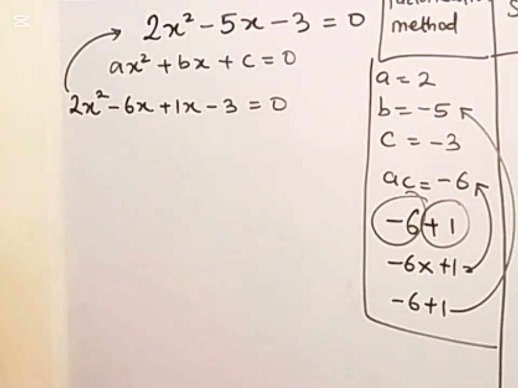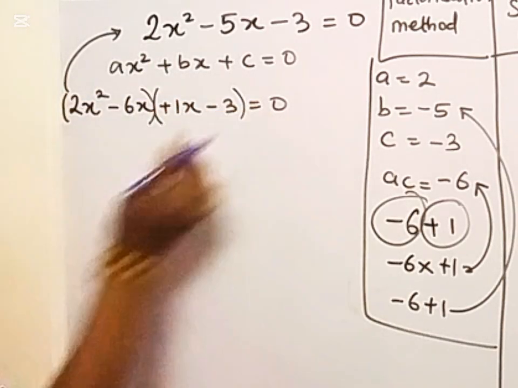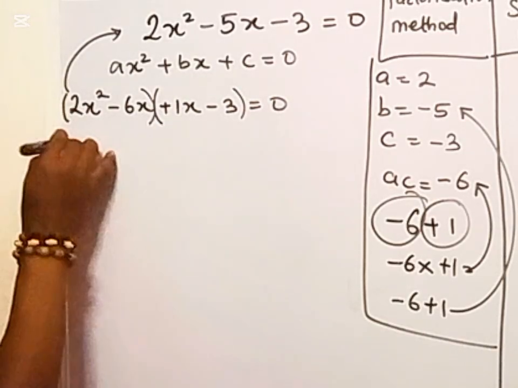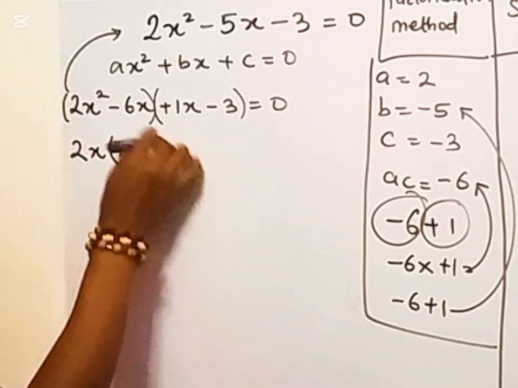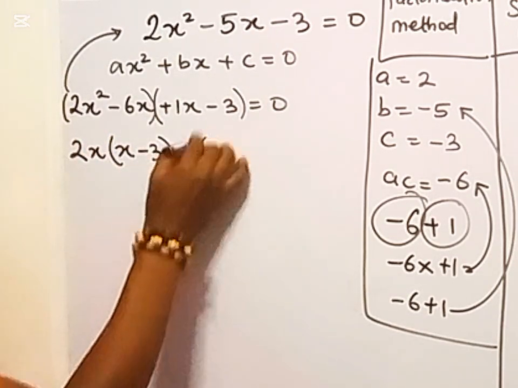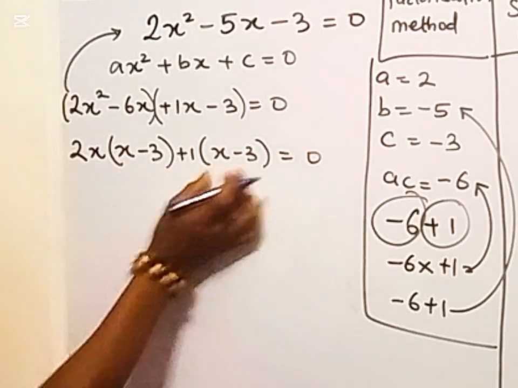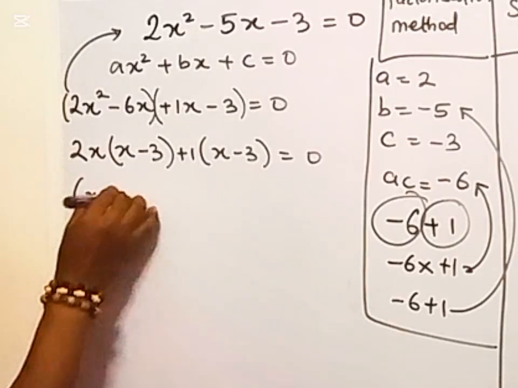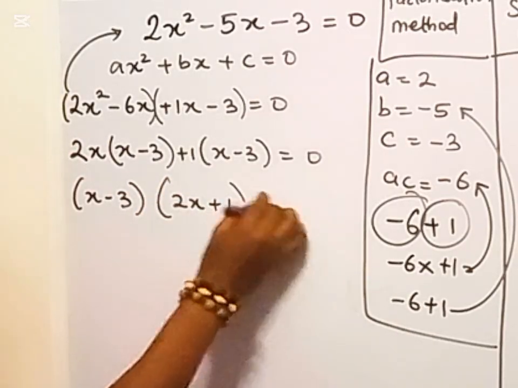Okay, so at this point I can easily factorize it like this. Put the first two in a bracket, the second two in a bracket. What is common here? 2x is common. What remains here is x minus 3. What is common here is just plus 1, times x minus 3 equals 0. So these two brackets are now similar. So if they are similar, I take one out and put the other one: 2x plus 1 equals 0.